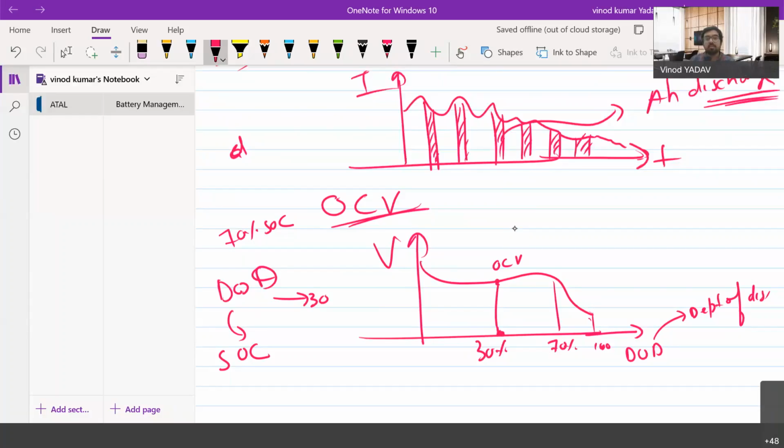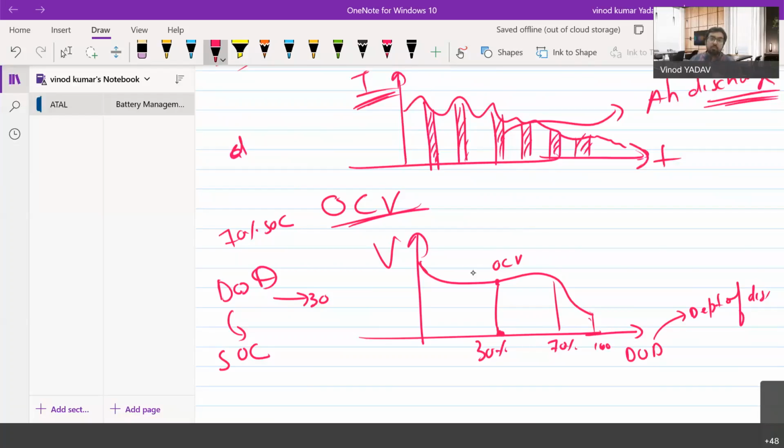It will run its algorithm for this current, and with that it will count the Coulombs. It will count the amount of charge flown in a strip. Now, it's a very complex process, but it's not that difficult to count.